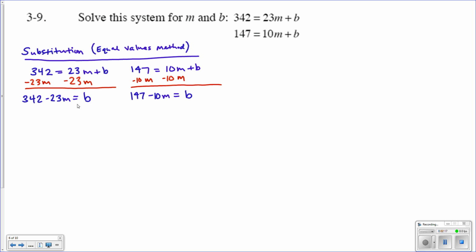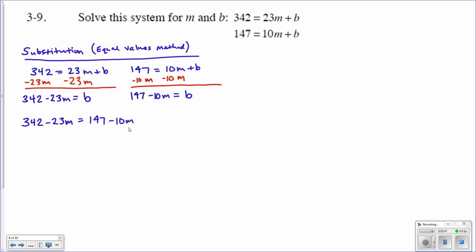And then if b equals b, then that means that this expression has to equal this expression. So we can say 342 minus 23m, since that equals b, should equal this, 147 minus 10m.